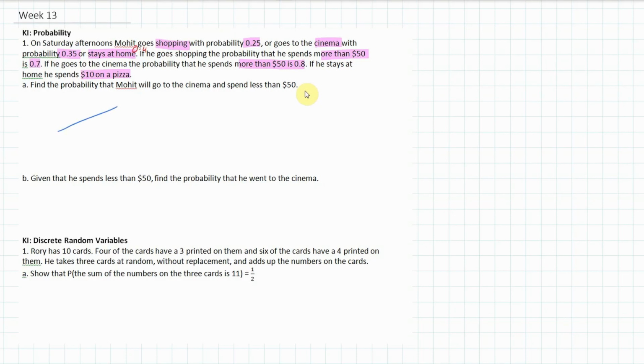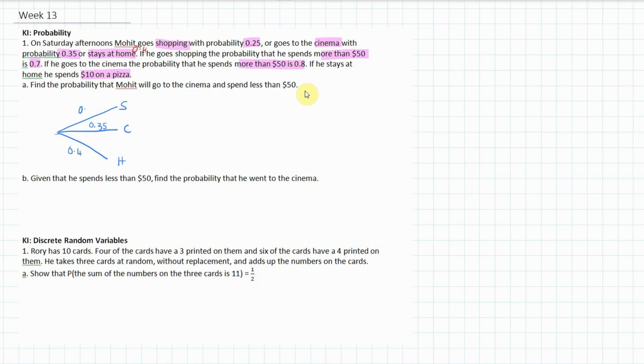So what we're going to do is set up a tree diagram. We've got shopping, cinema, stay home with 0.4 here, 0.35 here, and 0.25 here.